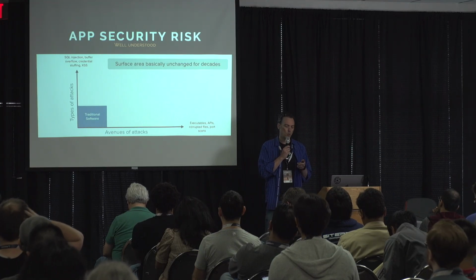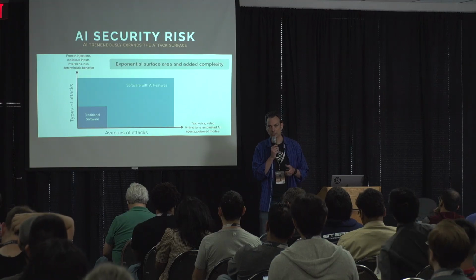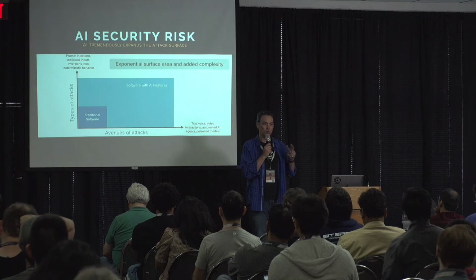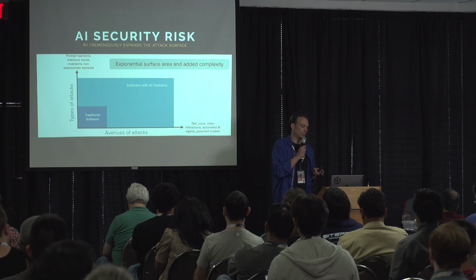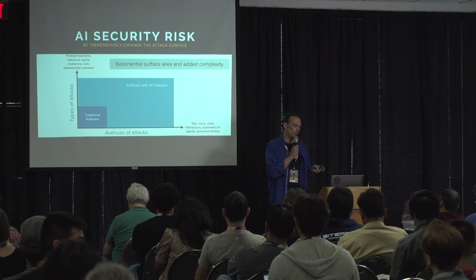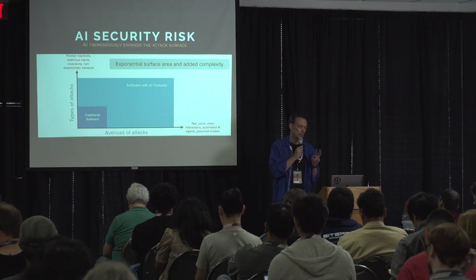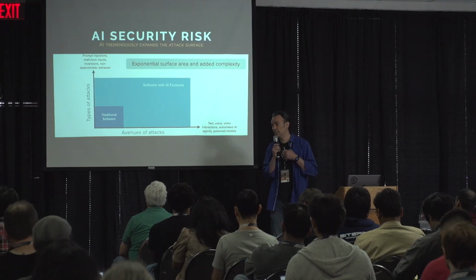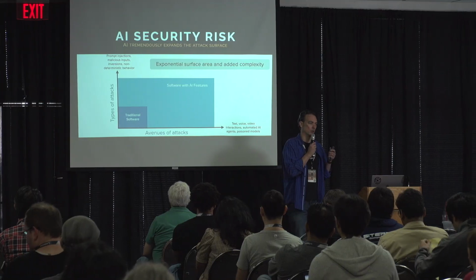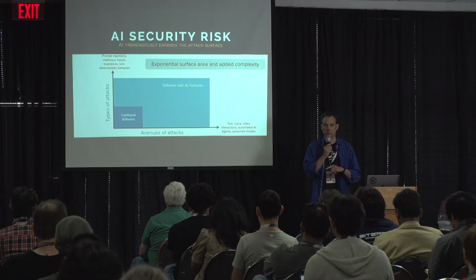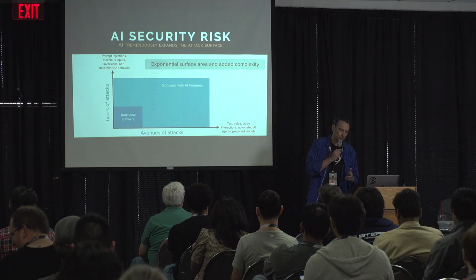When you add AI into an application, you greatly increase the surface area of risk. You have all new types of attacks: prompt injections, malicious inputs, all kinds of other non-deterministic behavior, which is its own thing. And then pretty much any text or voice or images can now be vectors of attack, whereas previously they probably weren't.